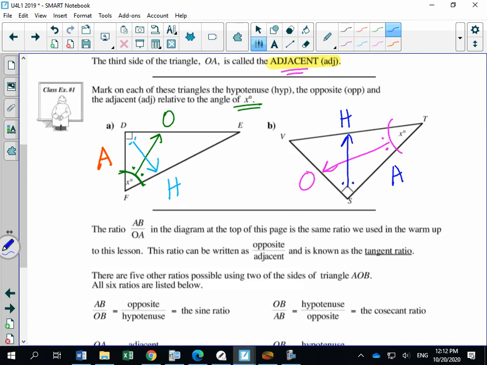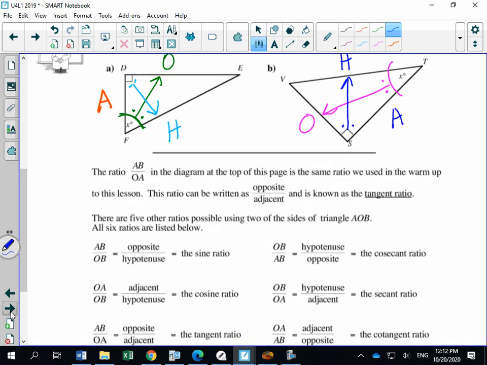They might say to you in your homework, for example, once you label your triangle, what would the adjacent side be? And then you would say, okay, if this is the adjacent side, it's ST. Does that make sense? Or they might say in this one, what is the opposite side? So you'd say, okay, this is opposite. DE is my opposite side. So we just have to be able to label. So that is class example number 1.